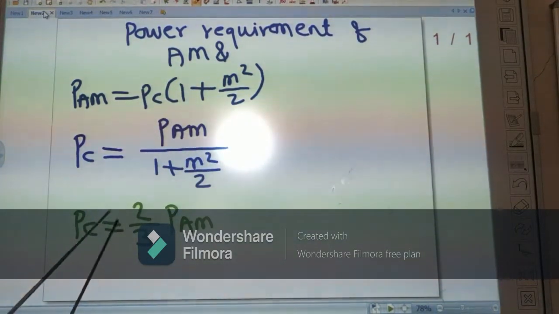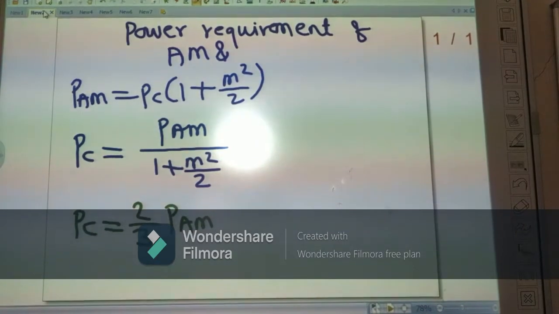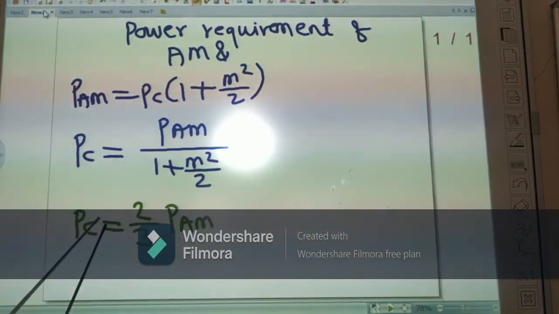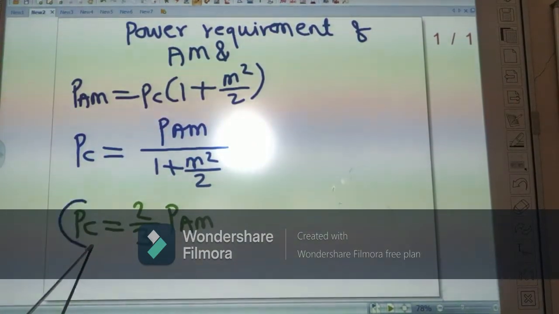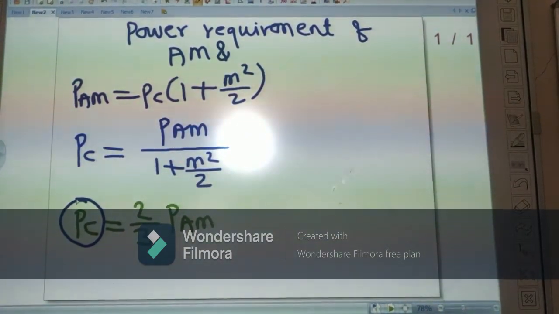If I solve this, PC is equal to 2/3 of PAM. That means 66% of total power is utilized to transfer this carrier signal.